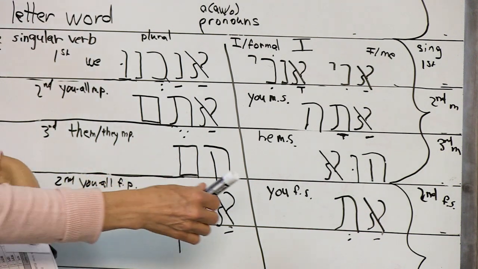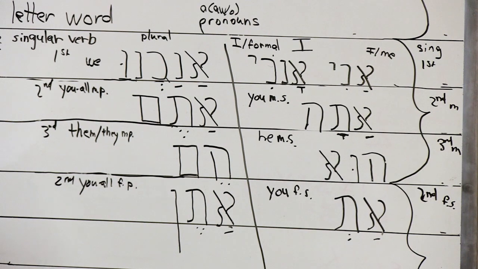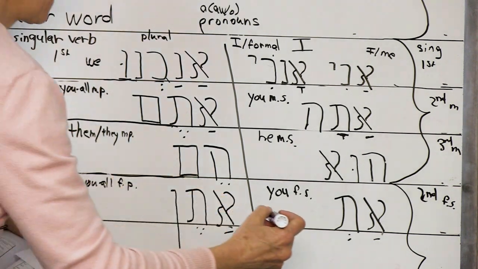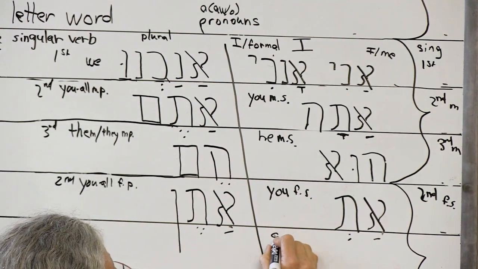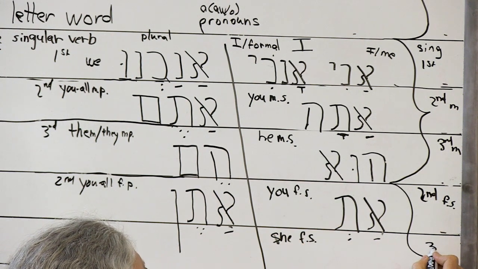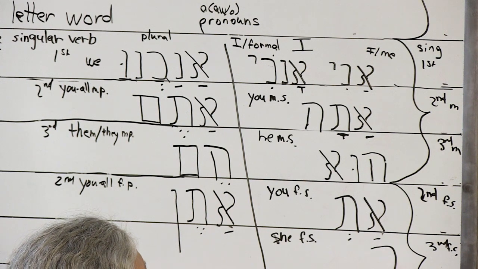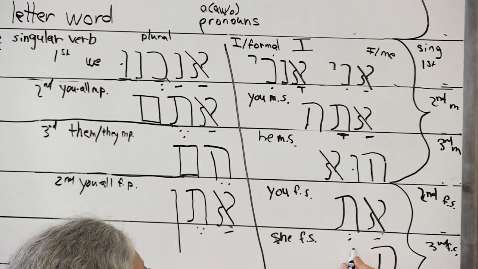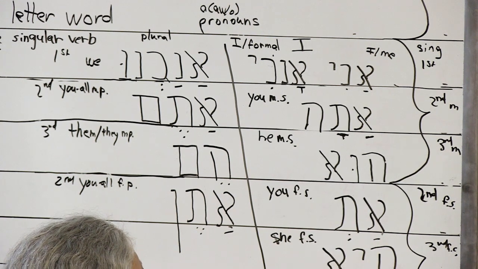So that makes sense, right? At, aten. And then she, third person, feminine singular, is hi.